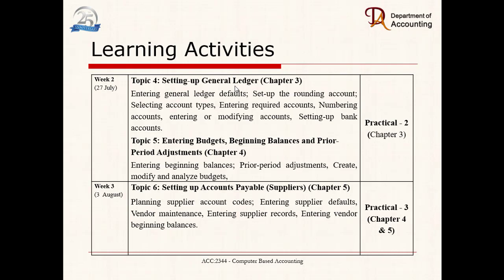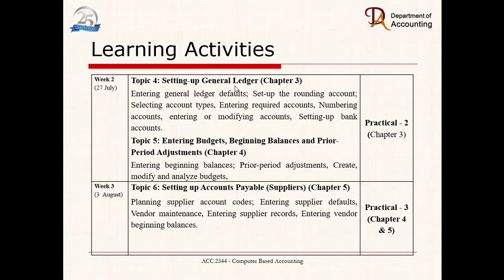We are going to create the accounts, and also we are going to do some numbering of these accounts. When we are working in a computerized environment, the words may not be properly read by the accounting software. Therefore, when it comes to the accounts, we need to use a proper system of numbering.